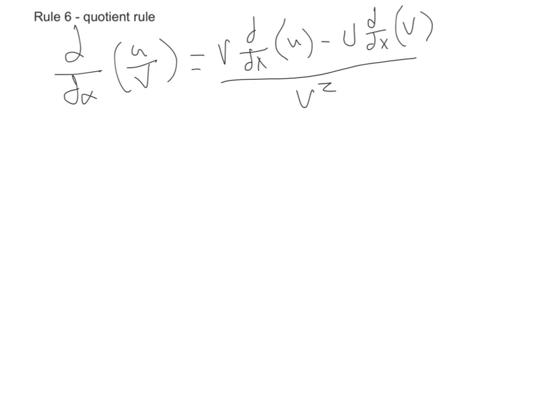It says if n is negative, the derivative of the power x to the power of n, but now n's negative, before it was positive, is the same thing.